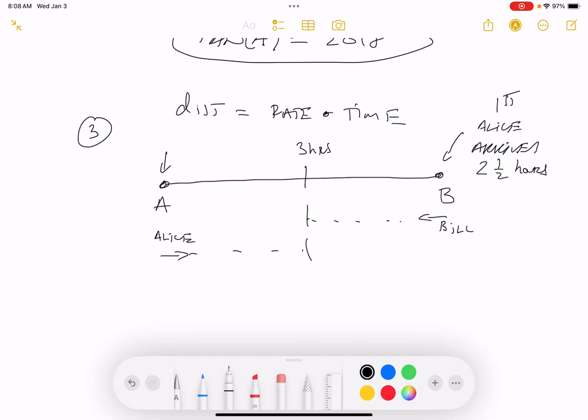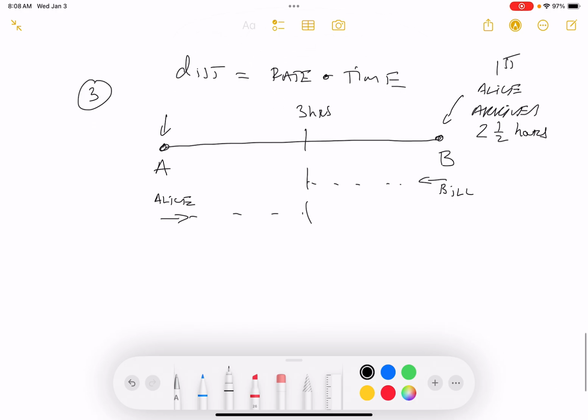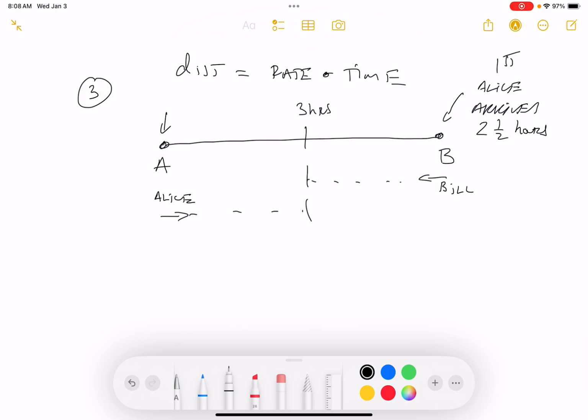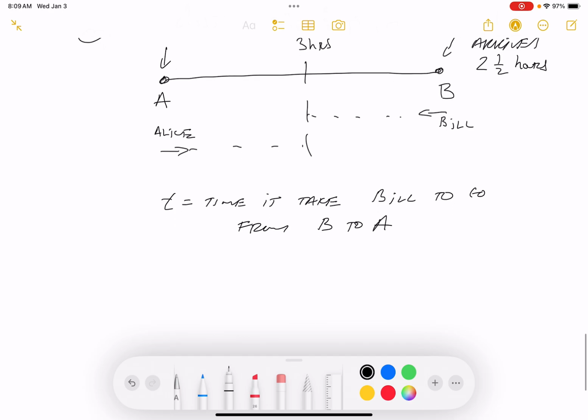So I got to start writing things down now. So I'm going to say T is the time it takes Bill to go from B to A. And if that's the case, by the way, Alice takes 2.5 hours less than that.